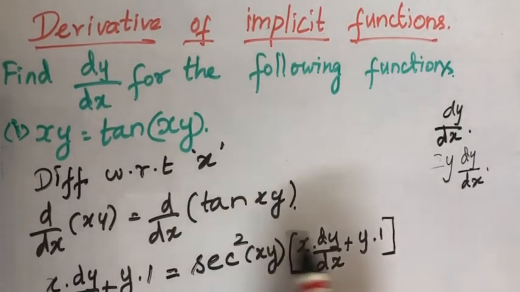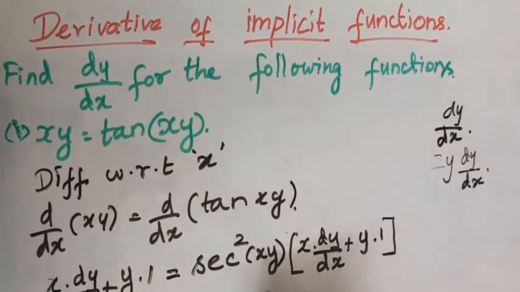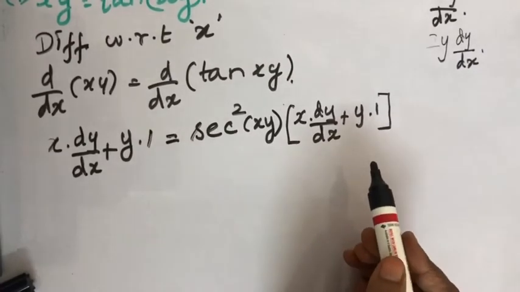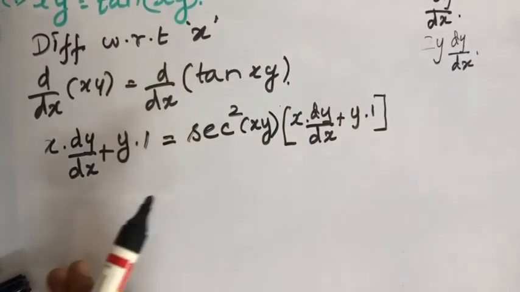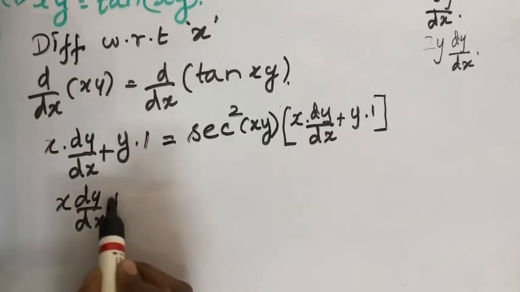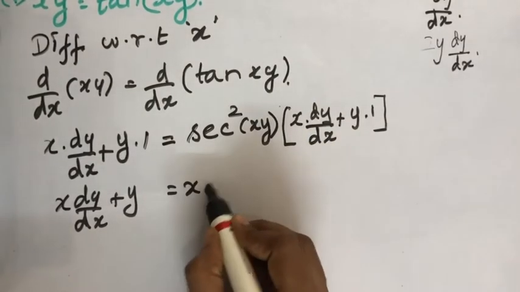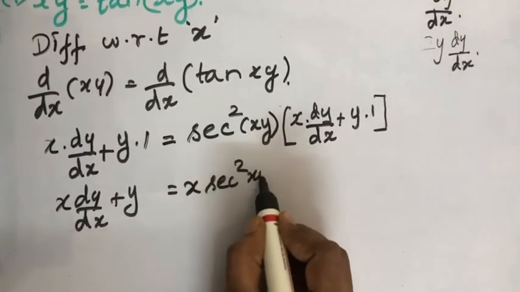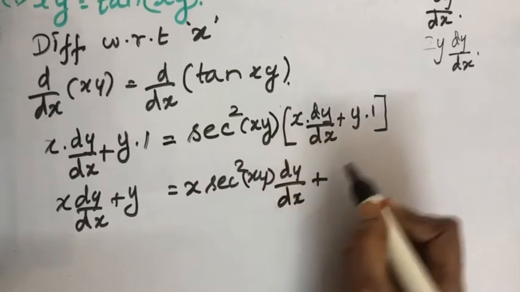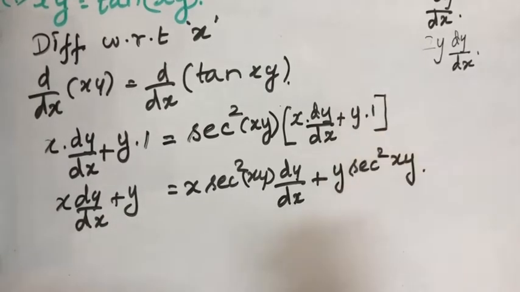Chain rule. Now, we have to find dy by dx. So, we have to multiply this inside and bring the terms that contain dy by dx together. So, x dy by dx plus y is equal to x secant square xy into dy by dx plus y into secant square xy.